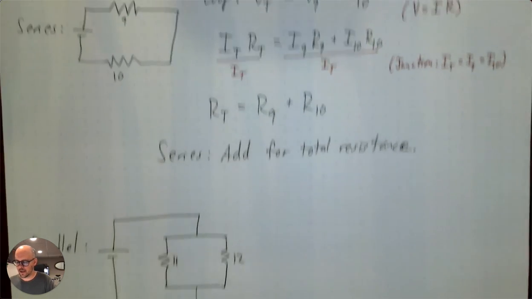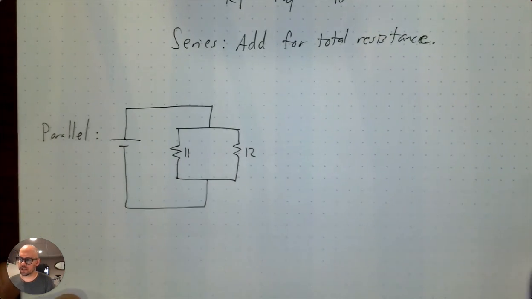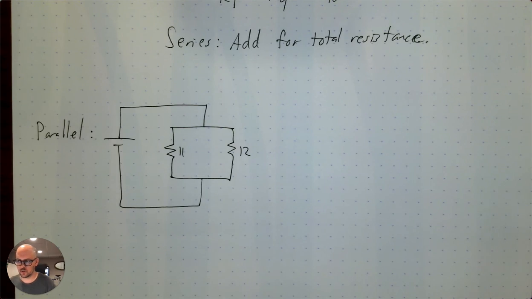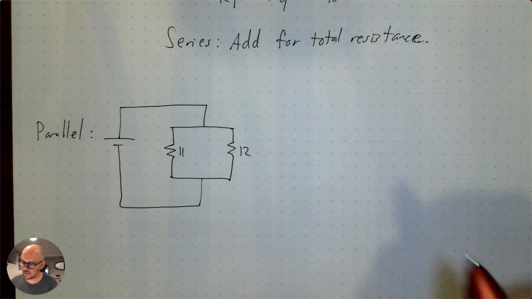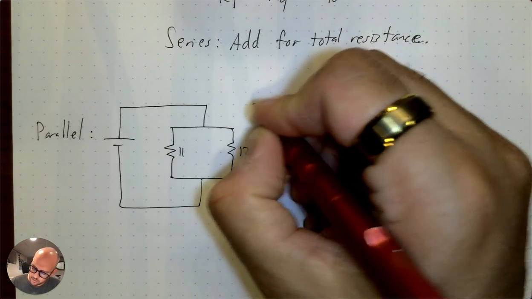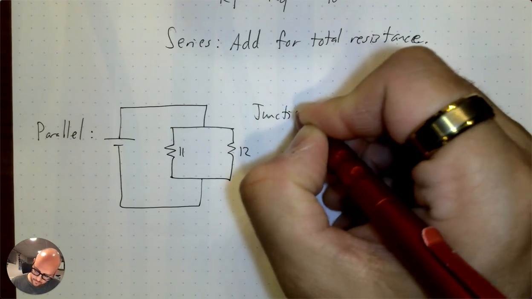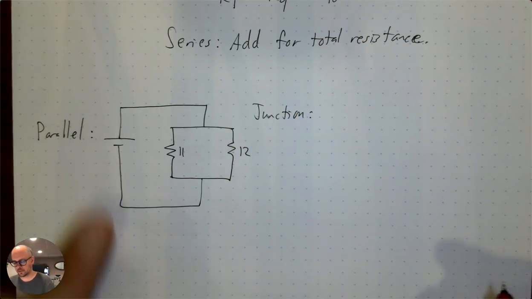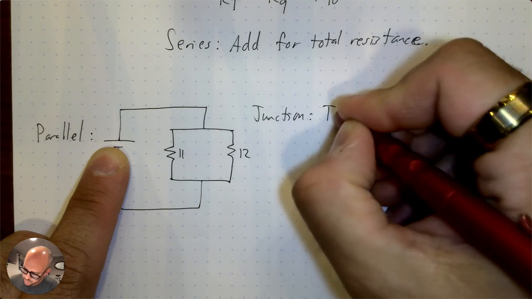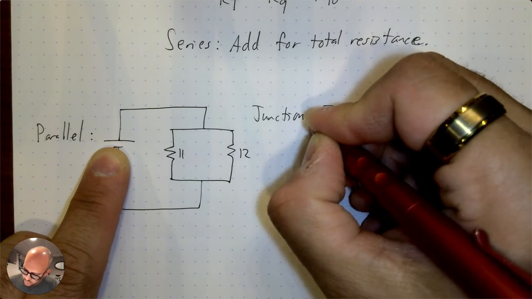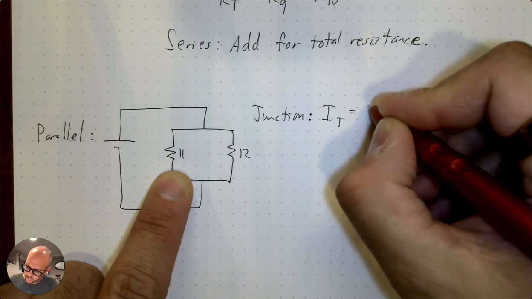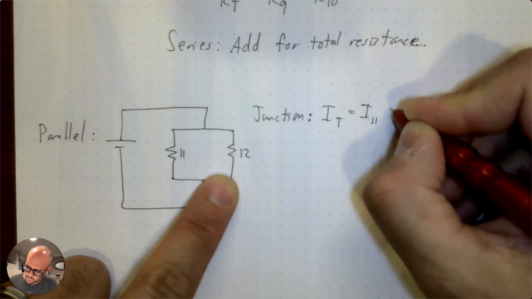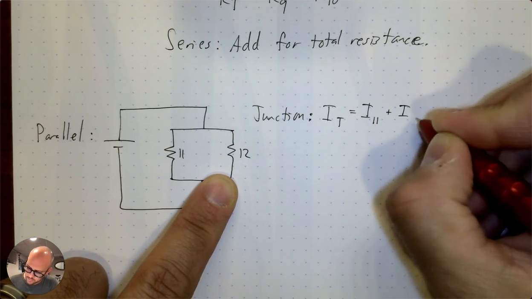Cool. Last bit. What if I do the same thing with the parallel circuit? I'll go through this one. The rule's a little weird at the end, but it's fine. We're going to start with the junction rule. The junction rule says the total current is what I get when I take the current that goes through 11 plus the current that goes through 12.